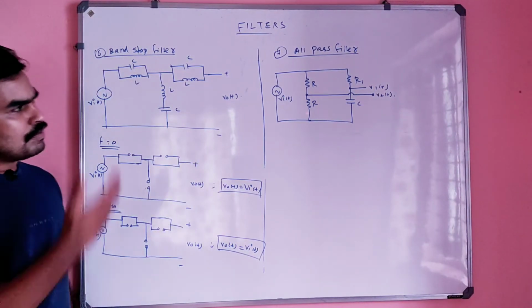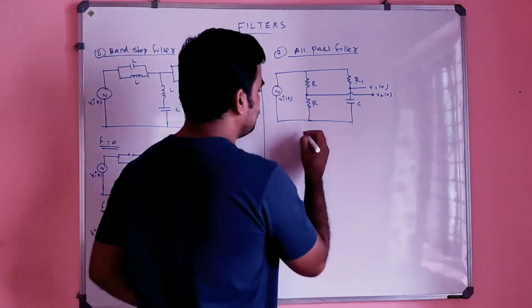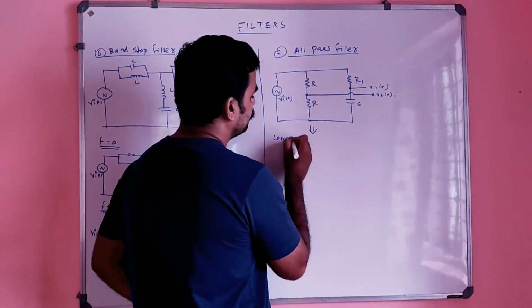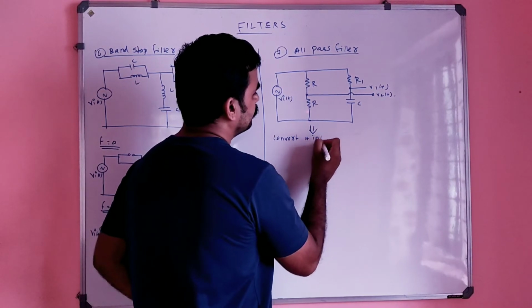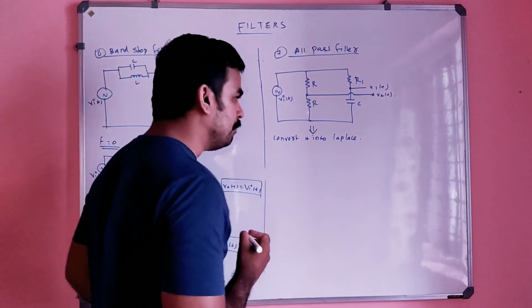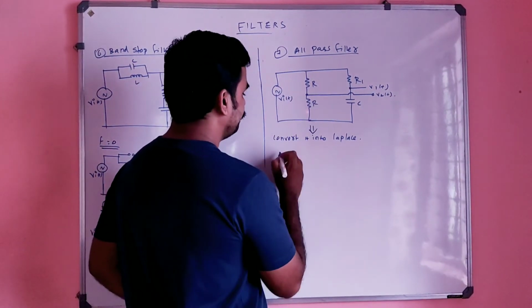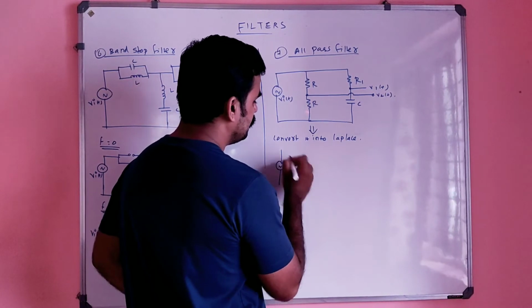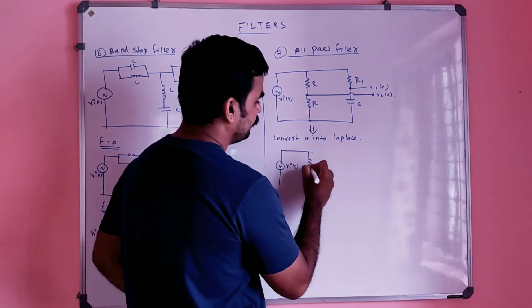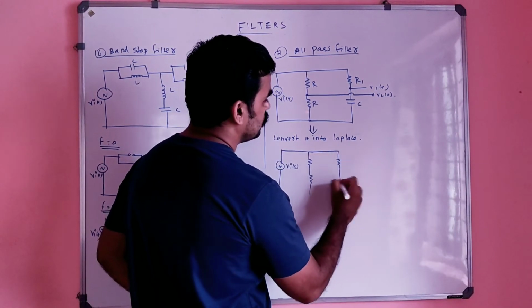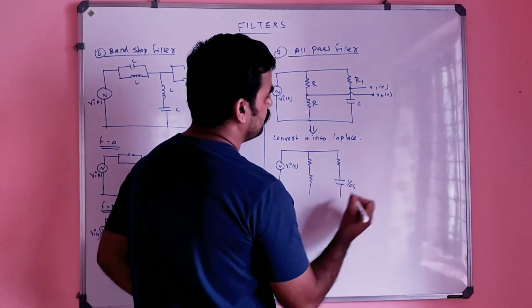Convert it into Laplace. It's very easy then. So it will become VA of s. R is not changed, there is no change in R1 either, but this will be replaced by 1 by Cs, right?